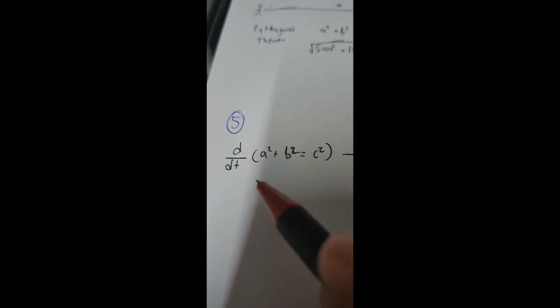Finally we have the Pythagorean theorem that we want to start with, which equals our equation from the derivation: 2a times a prime plus etc.